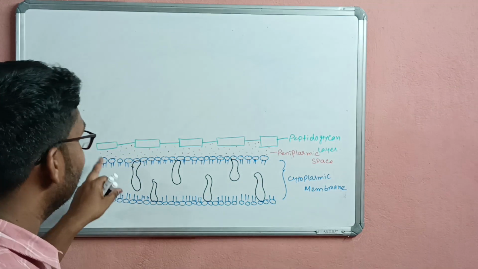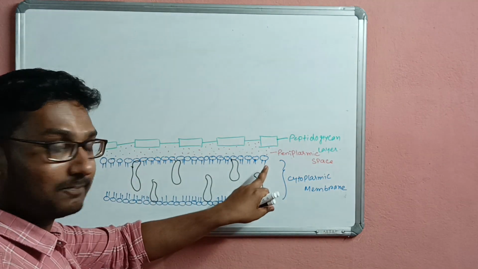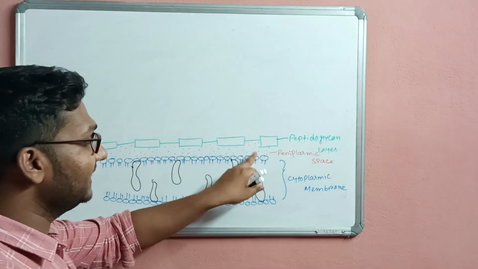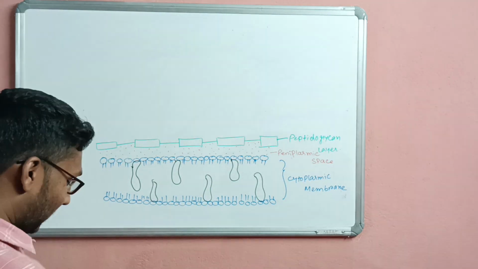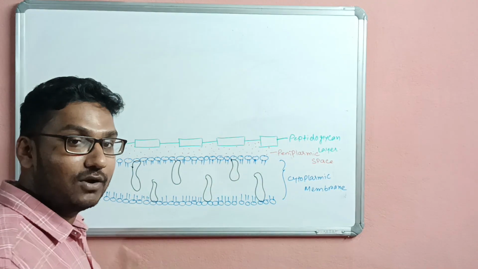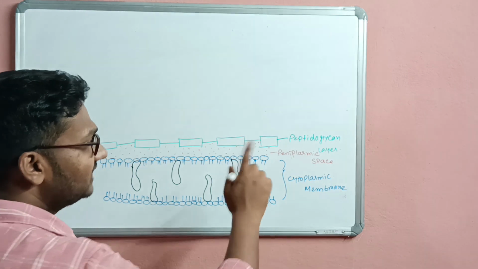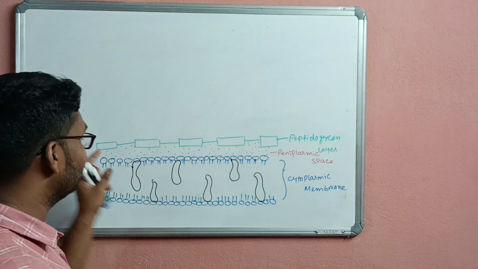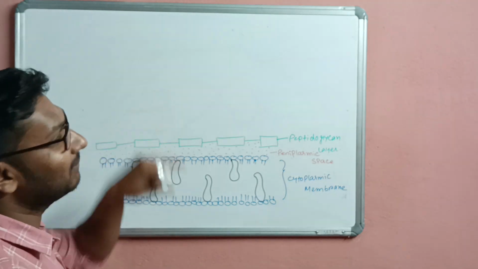Clear? So the peptidoglycan layer is present in a floating condition. It is not directly attached to the cytoplasmic membrane. This is the first layer of the gram-negative bacterial cell wall: peptidoglycan. You can also see that it is very thin compared with gram-positive bacteria.